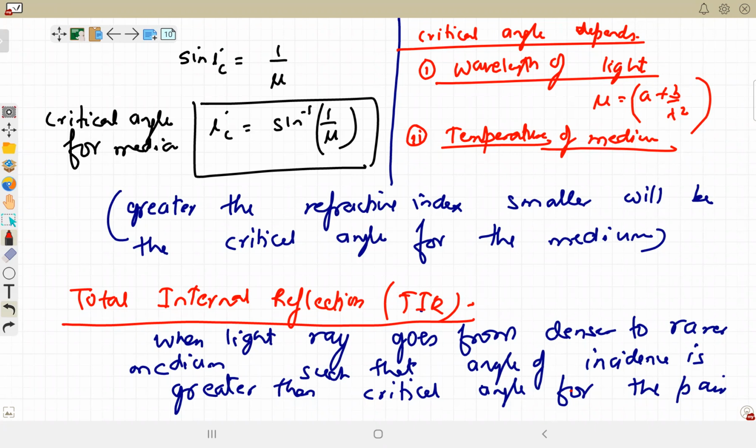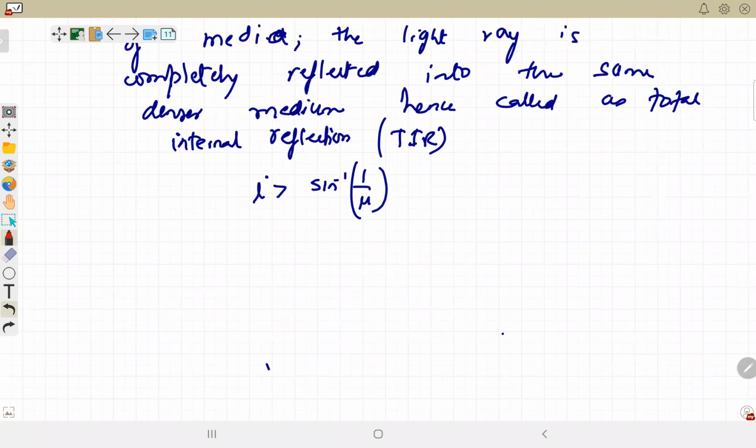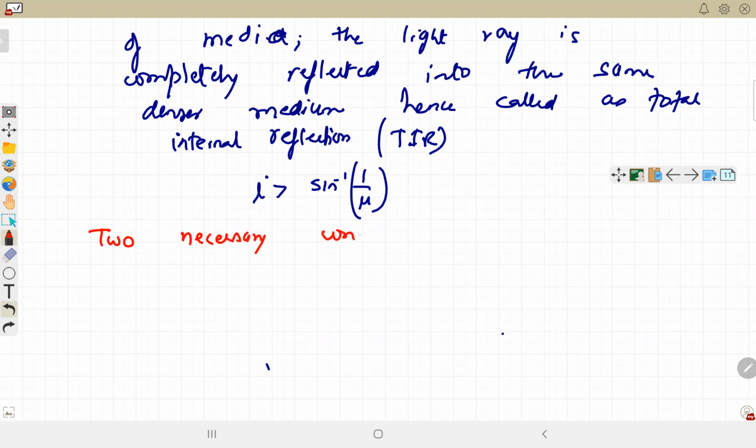The essential or necessary condition for TIR to take place: what are the two necessary conditions for total internal reflection? That light should be going from denser medium to rarer medium, and the angle of incidence should be greater than the critical angle for that pair.